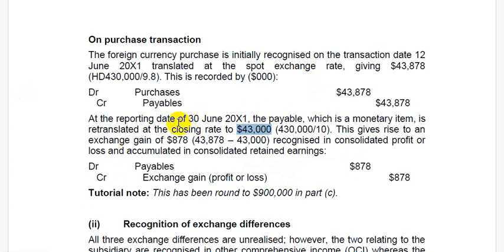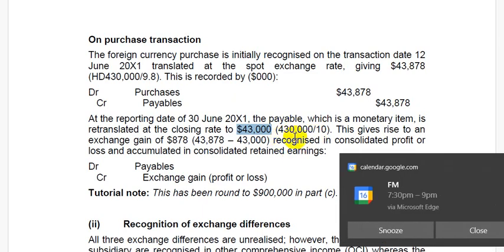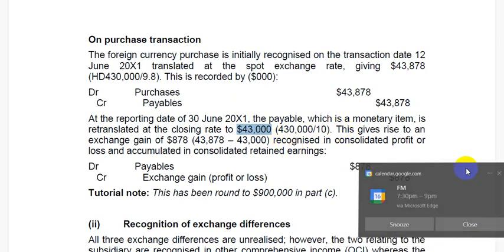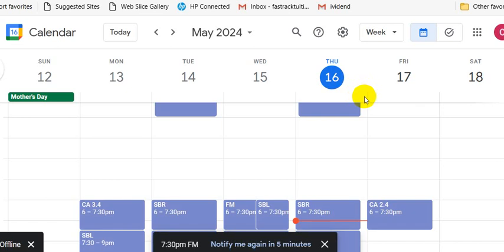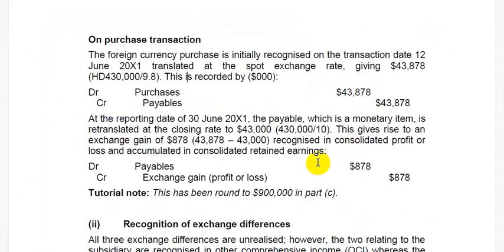So there's a gain of 878. Being a transaction item, the gain is recognized in profit and loss. So we debit our payables to reduce our liability, credit exchange gain in the profit and loss. This has been rounded to 900.